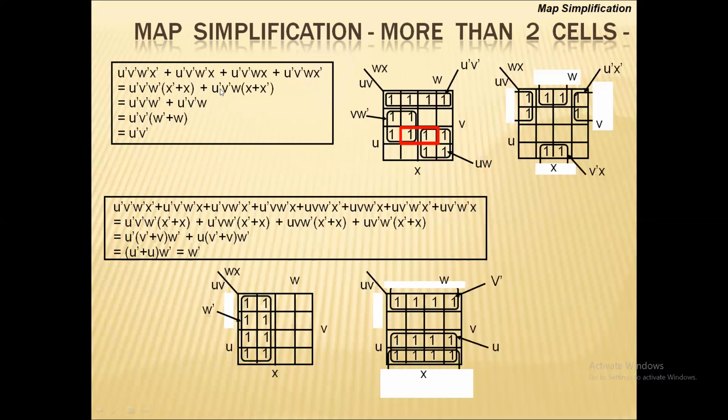So 0, 1, 2, 3. If you plot it, if you just put this summation of m of 0, 1, 2, 3, and if you are having 4 variables, you'll be having 16 combinations. You'll eventually reach this conclusion.